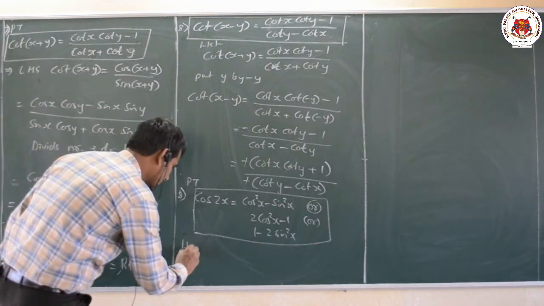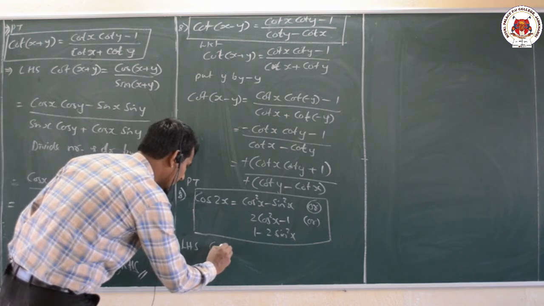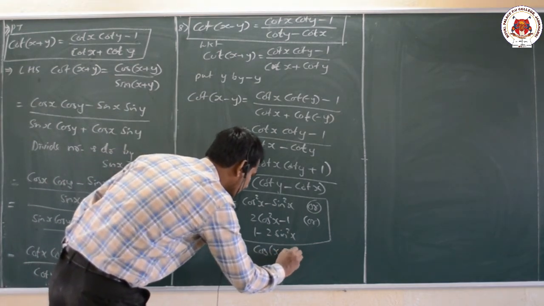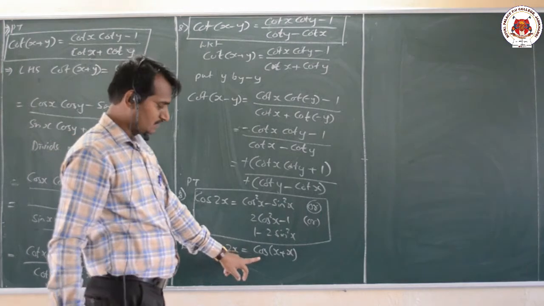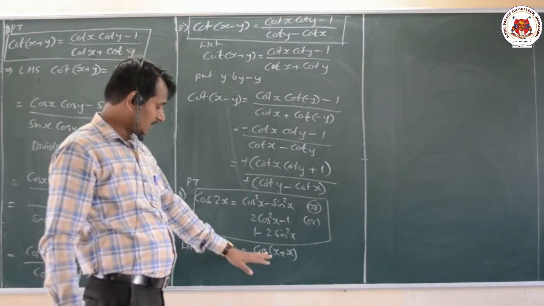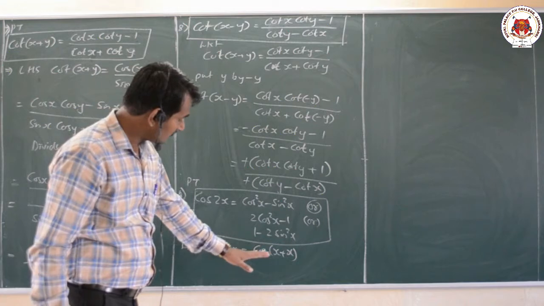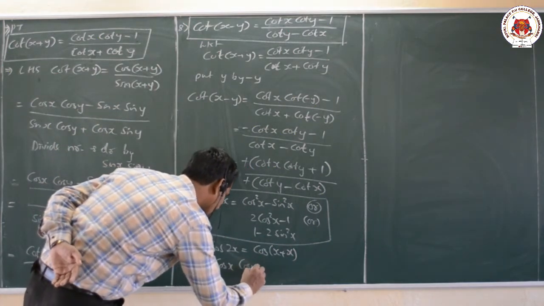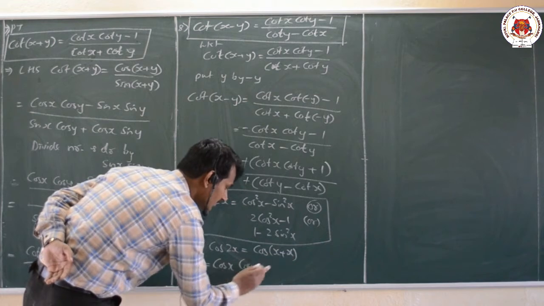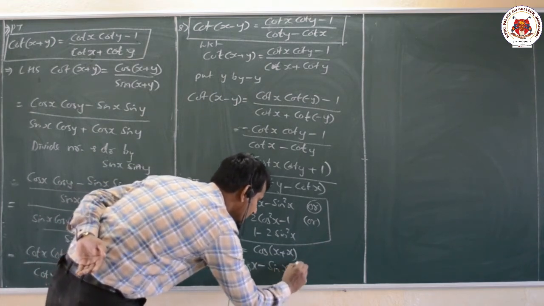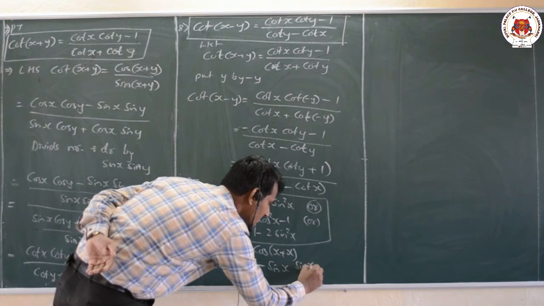Now let us take the LHS part. LHS is cos 2x. Can I write it as cos of x plus x? Now I will make use of the formula for cos of x plus y, the derivation of which is already done. Cos of x plus x is cos x cos x minus sin x sin x, since y is again x only.